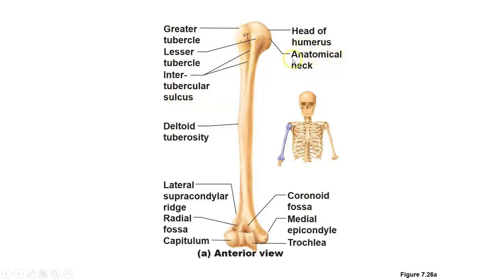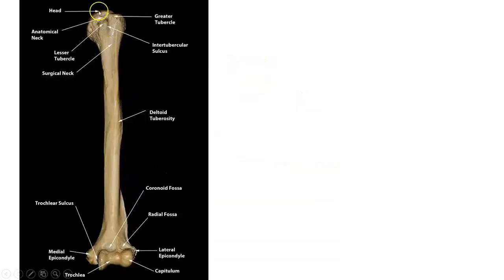The anatomical neck of the humerus is really the epiphyseal line. That is a remnant of the epiphyseal plate. There's also a surgical neck right under the head of the humerus. Here we see the head of the humerus. Here's the greater tubercle. On the lateral side, you also see the deltoid tuberosity.